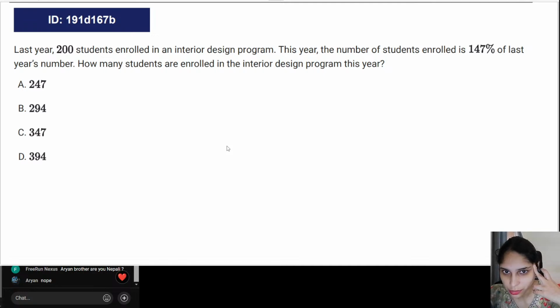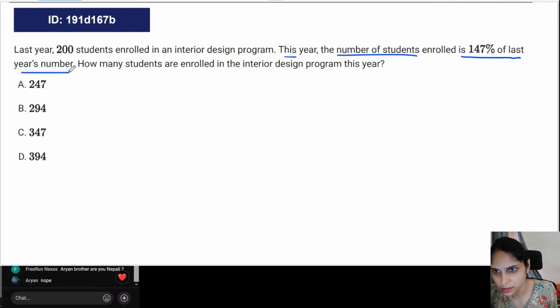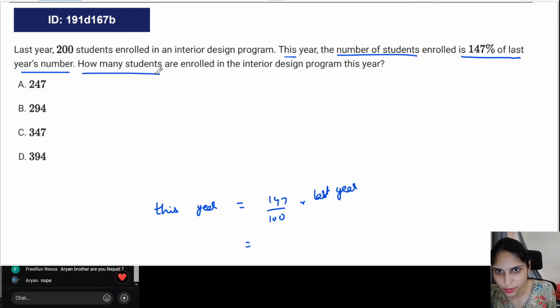How many students are enrolled in the interior design program this year? So the equation is: is means equal, 147% means 147 over 100, of means multiplication, times last year. They're asking how many students are enrolled this year.